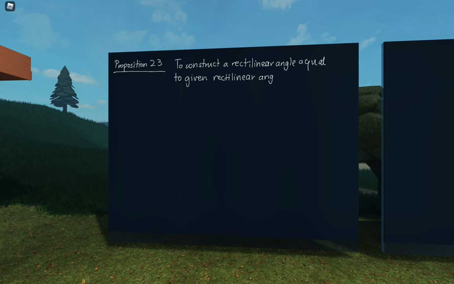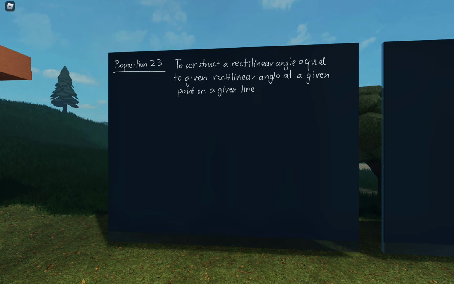Okay, proposition 23 says to construct a rectilinear angle equal to a given rectilinear angle at a given point on a given straight line. It says straight line in my book, but on a given line.